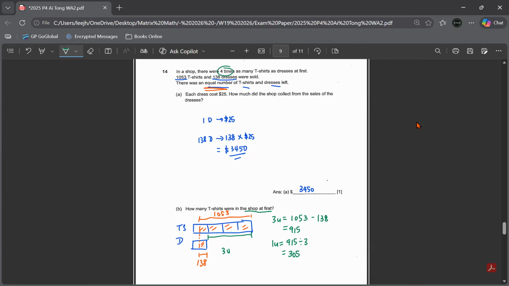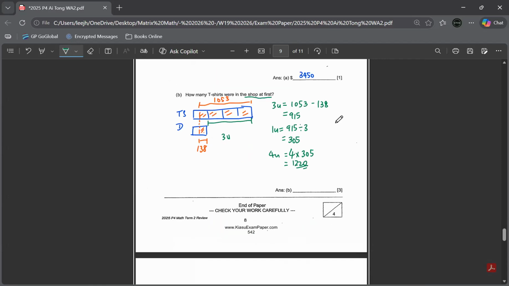We know there were 4 times as many t-shirts as dresses, so the t-shirts actually have 4 units. I'm going to look for the value of 4 units by taking 4 times 305. The answer is 1220. So how many t-shirts were in the shop at first? It is 1,220 t-shirts.